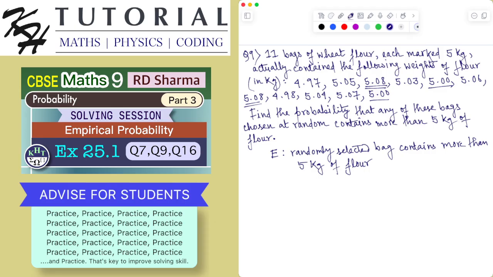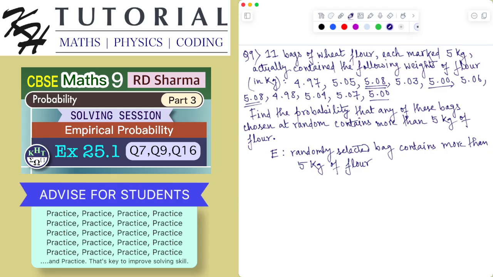Okay, so if you want to analyze this problem as outcome and frequency, then what is the unique number of weights we are having? We are given the weights of 11 bags of flour.